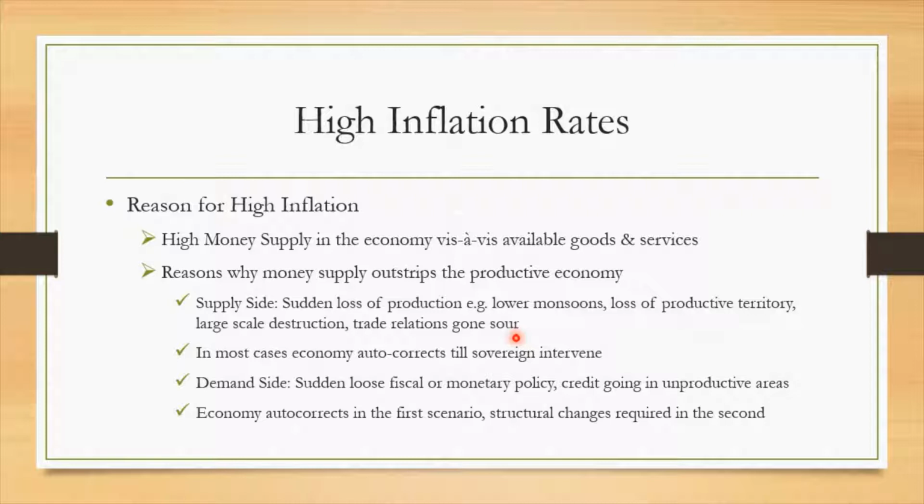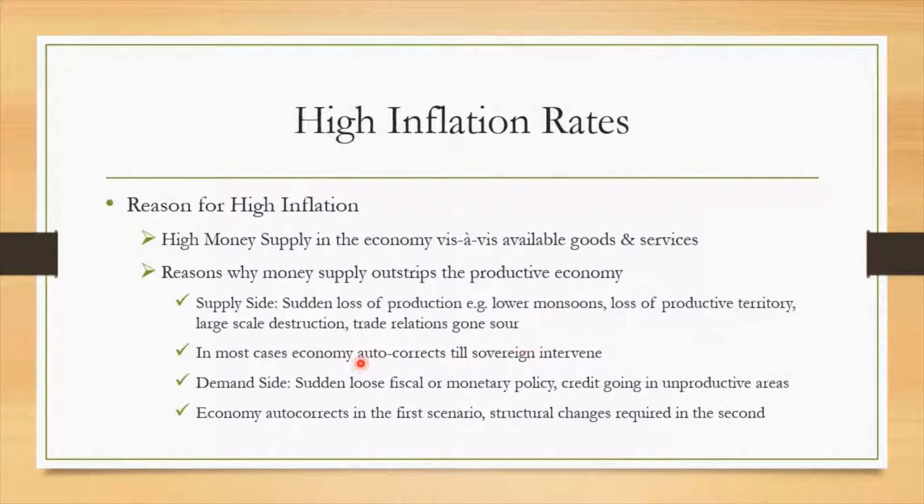None of them has been the case in India. Of course, there have been seasonal or yearly variations in monsoon to a small extent, but that certainly doesn't explain the secular high or elevated inflation levels.